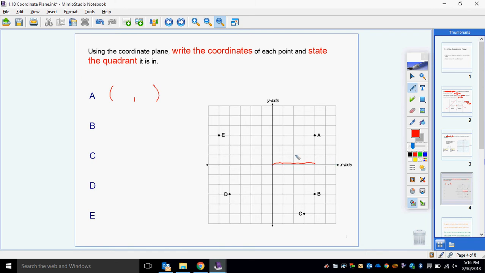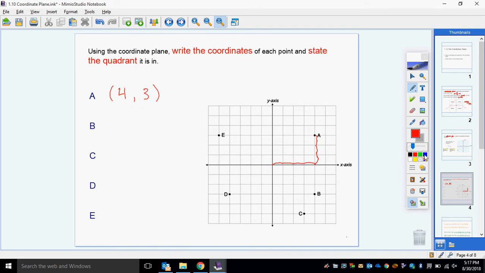And since we went right, these numbers over here on the number line are positive. So this would be a +4. And we'd have to go 1, 2, 3 in the upward direction. These numbers up here were positive because the y-coordinate tells you how far up or down you're at. So A is at the point 4, 3.